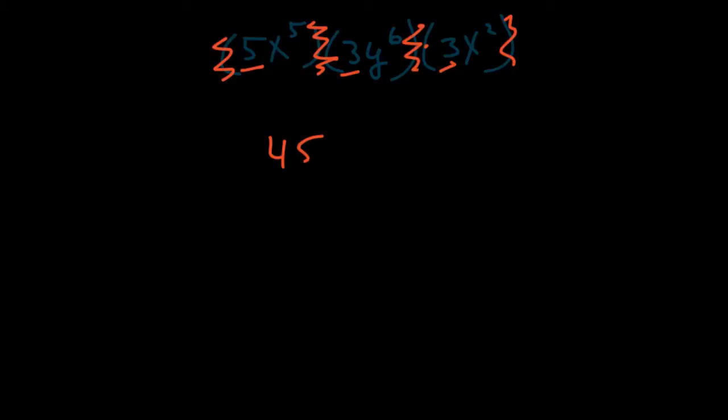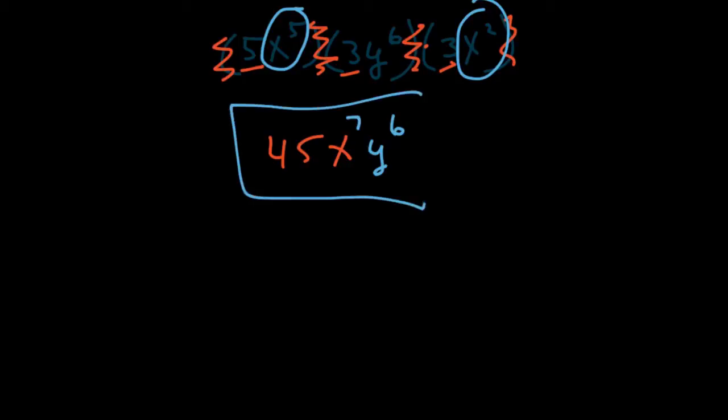Then we're going to add the exponents. We have x to the 5th and x squared, so 5 plus 2 is 7. And we have y to the 6th. So reorganizing and simplifying this, we have 45 x to the 7th, y to the 6th.